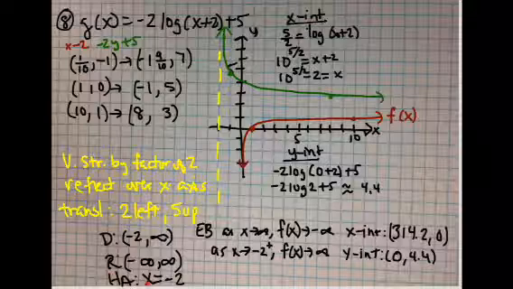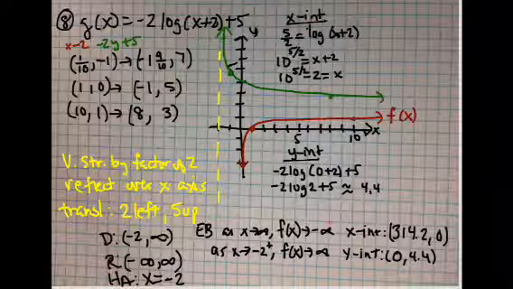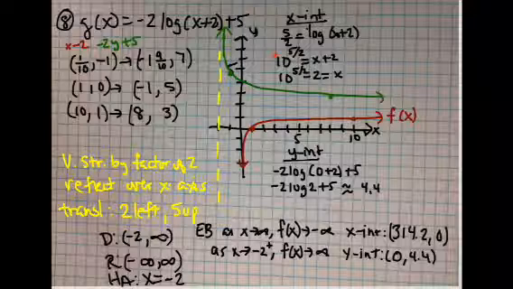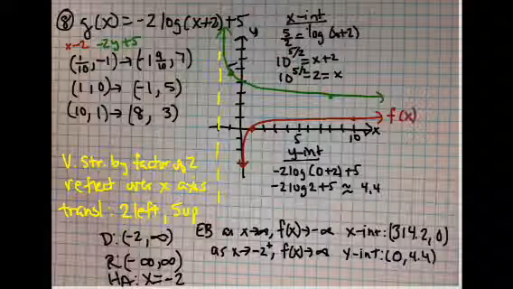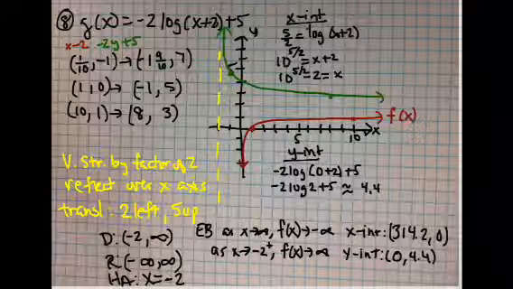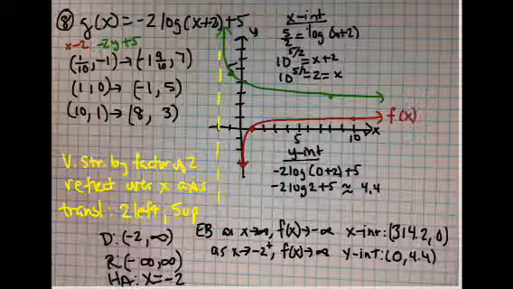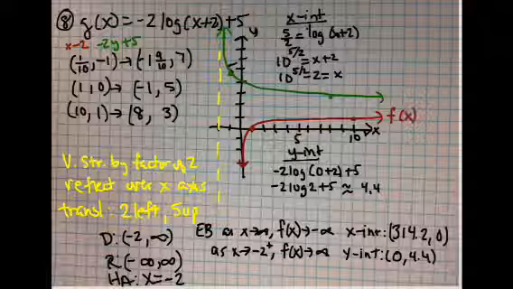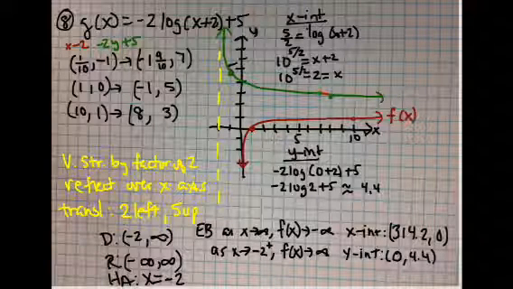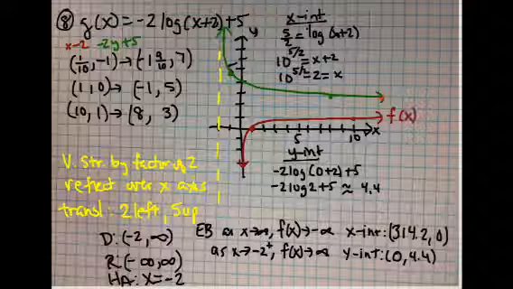Domain, range, and horizontal asymptote, the end behaviors, and then here's the work for the x-intercept. Again, make this one a 0 and then move the 5 over, divide by 2, negative 2, change it to exponential, and then plug it into a calculator, and this is what you get, 314. And you could tell because it's kind of flat, it's going down very slowly.